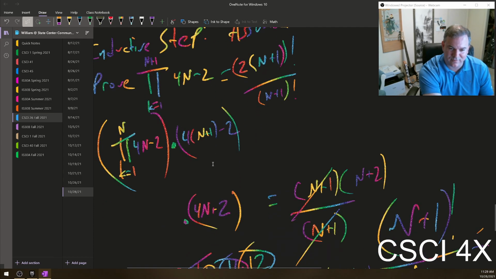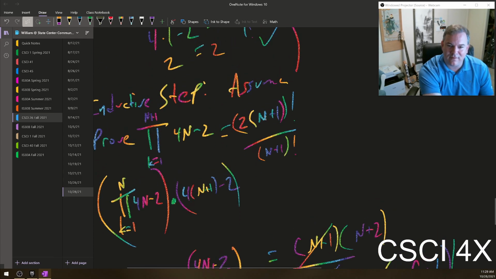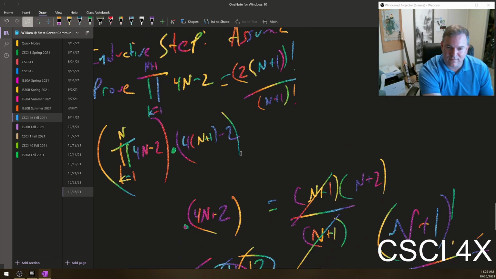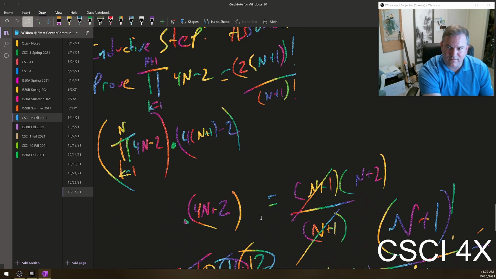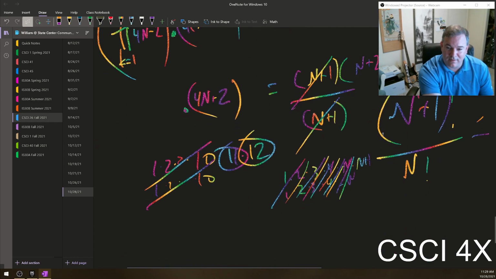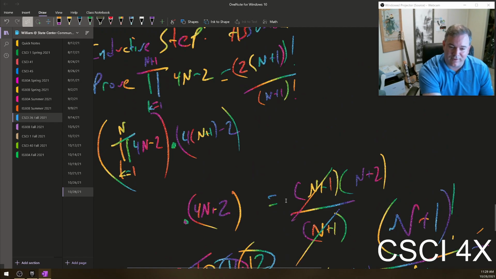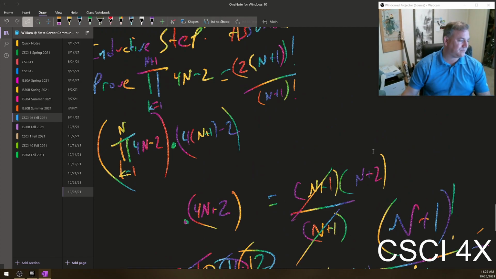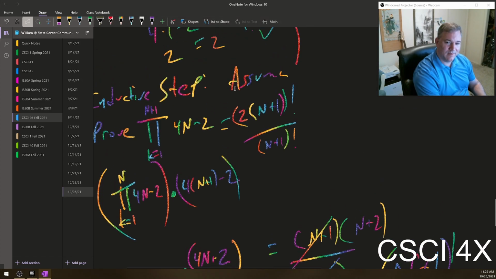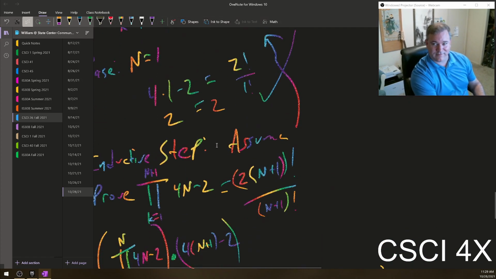Plus 4. 2 times that plus 2, divided by... I don't know. Somewhere within here I'm missing a 2. But there we go, so that's the idea. I'll leave this as an exercise to the reader, or maybe this is one that has an error in it. Who knows?